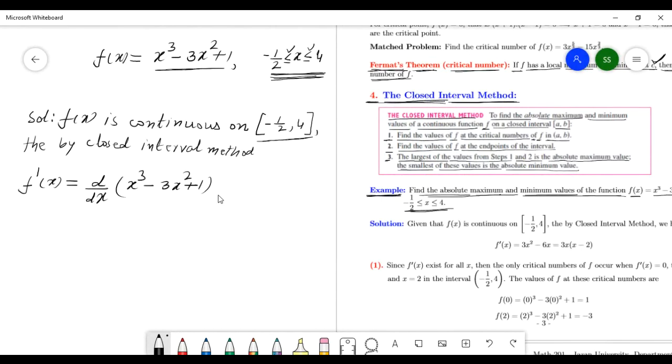The derivative of x^3 is 3x^2, and minus the derivative of 3x^2: 2 times 3 is 6, and x^2 becomes x, and plus the derivative of 1, which is zero. So f'(x) equals 3x^2 minus 6x.